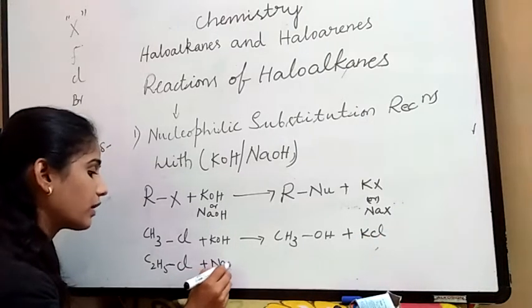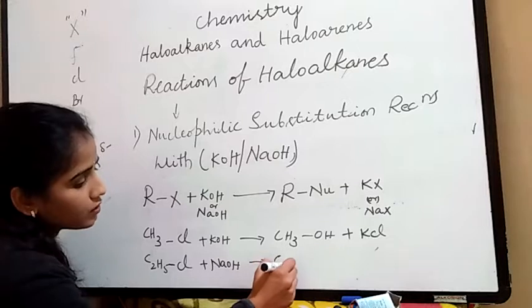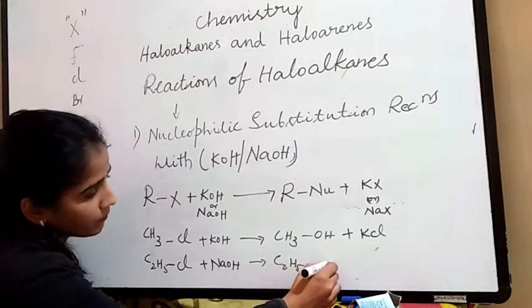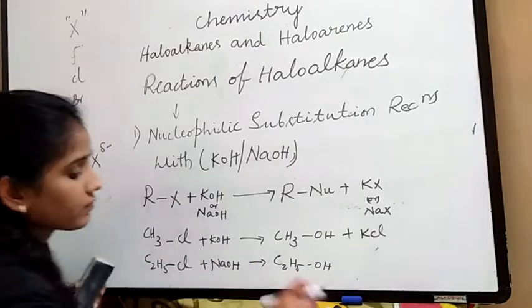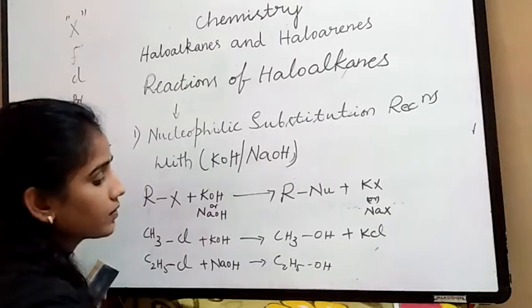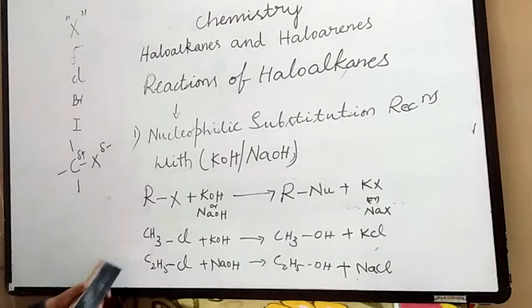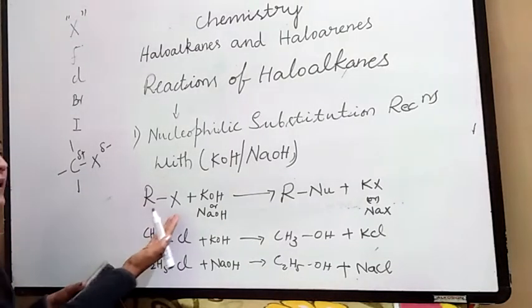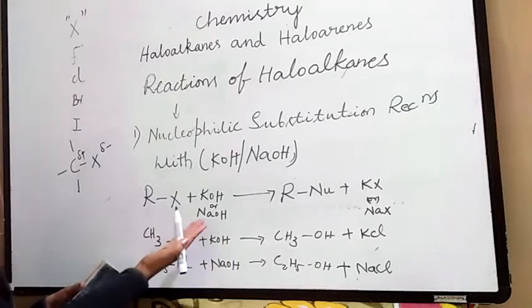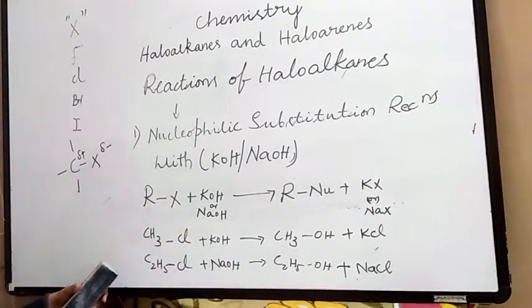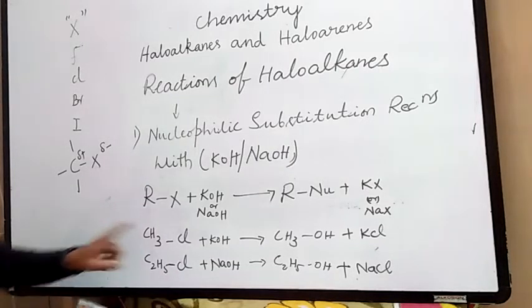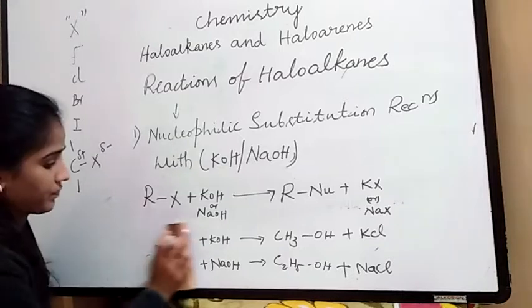Plus NaOH or KOH you can take, C2H5Cl gives C2H5OH plus NaCl, salt. So you should practice. If you know the general reaction, you can write the two examples by taking alkyl groups CH3 and C2H5. This is about haloalkane reacting with KOH or NaOH.